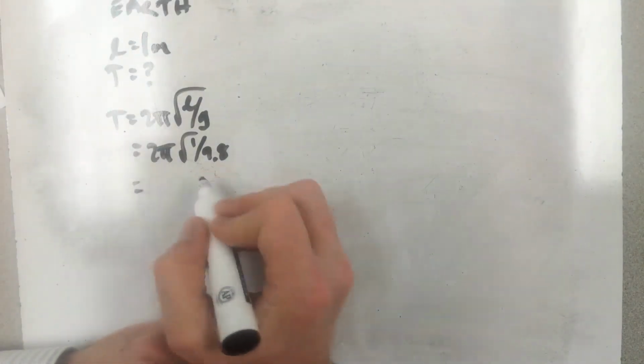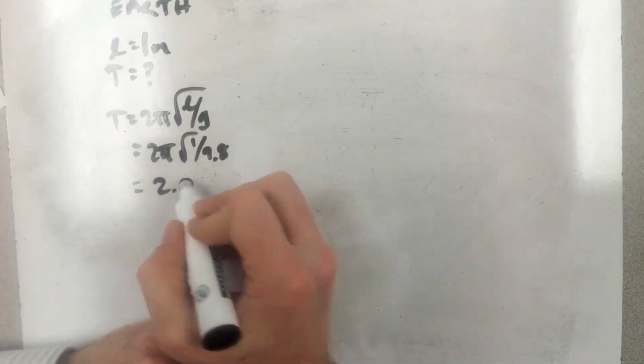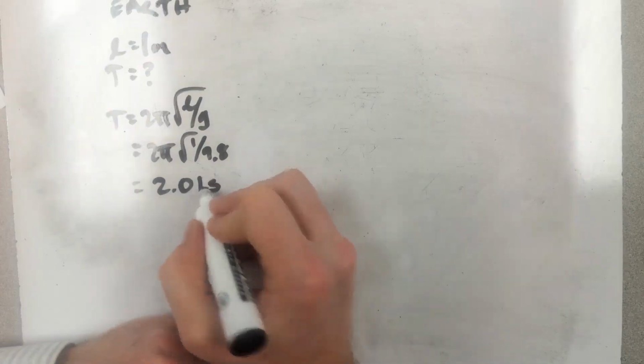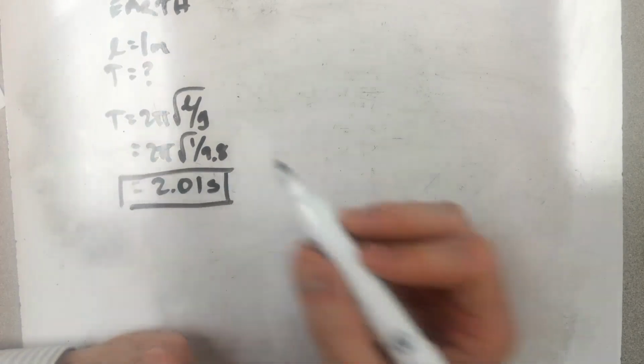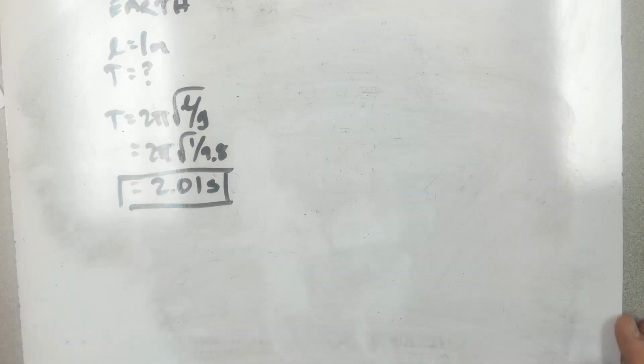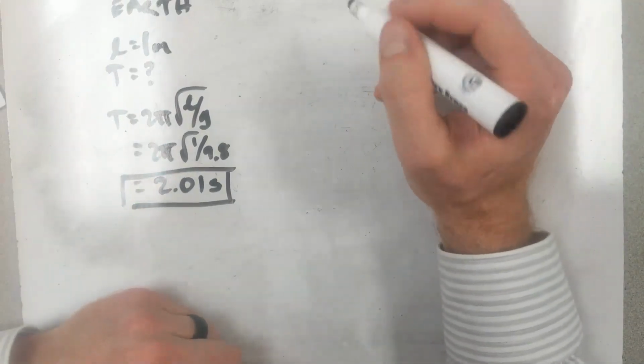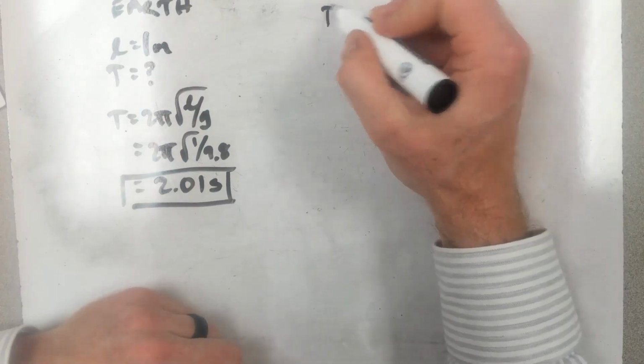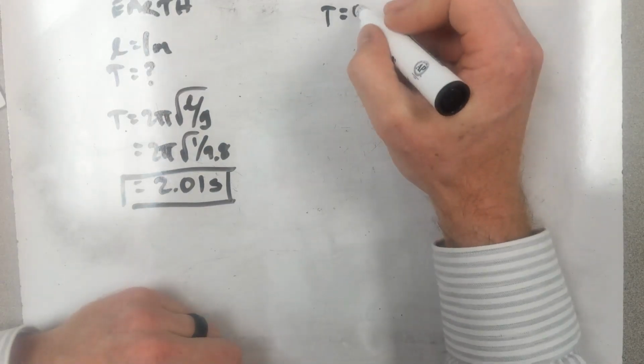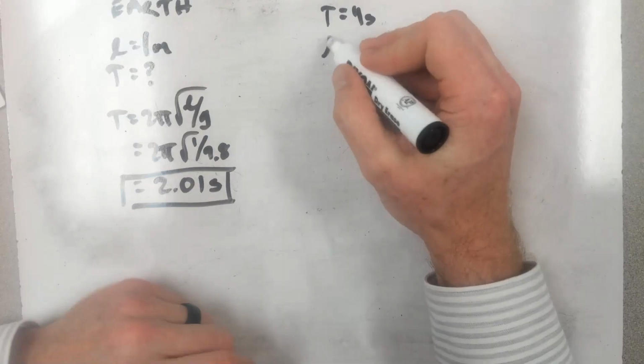If we just plug all that in, that gives us 2.01 seconds for the period of a pendulum that long. But now, if we had a pendulum with a period of 4 seconds, what would its length be?